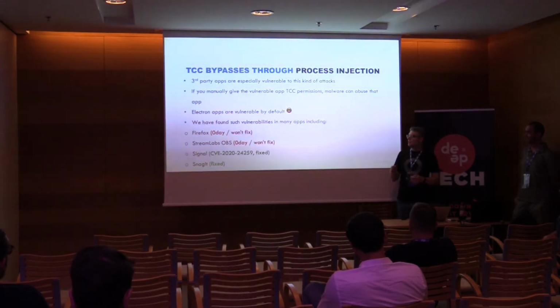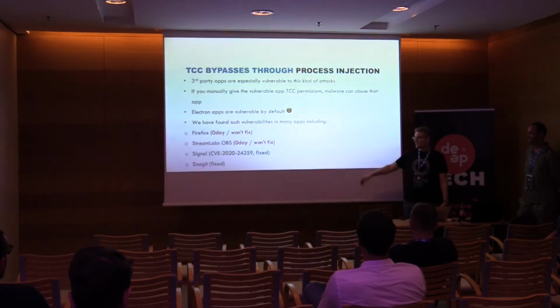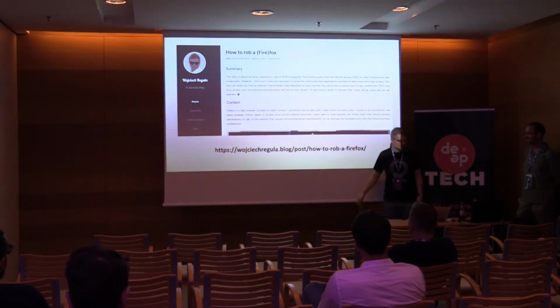So we found many TCC vulnerabilities via process injection. Up to this day, we are still finding them. Some of these vulnerabilities were fixed, but as you can see, for example, Firefox on macOS is still vulnerable, and they say that they won't fix it. If you are interested in how we did it, there's my blog post about it, if you still want to exploit Firefox, because it's not fixed.